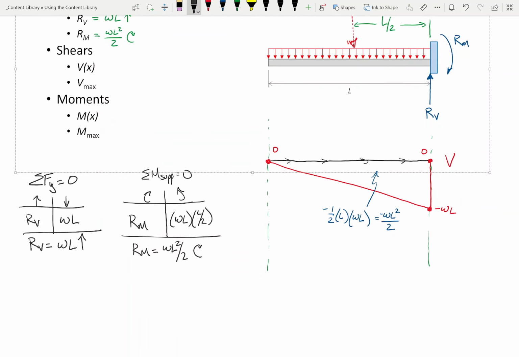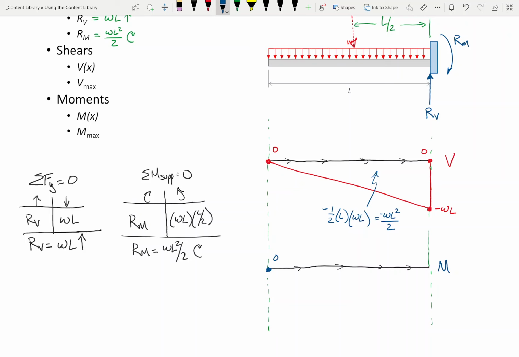If I start at 0, what does my moment diagram look like from left to right?